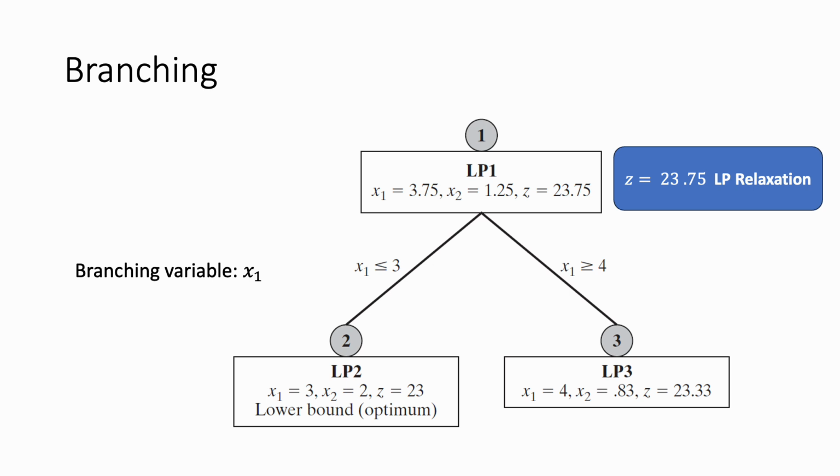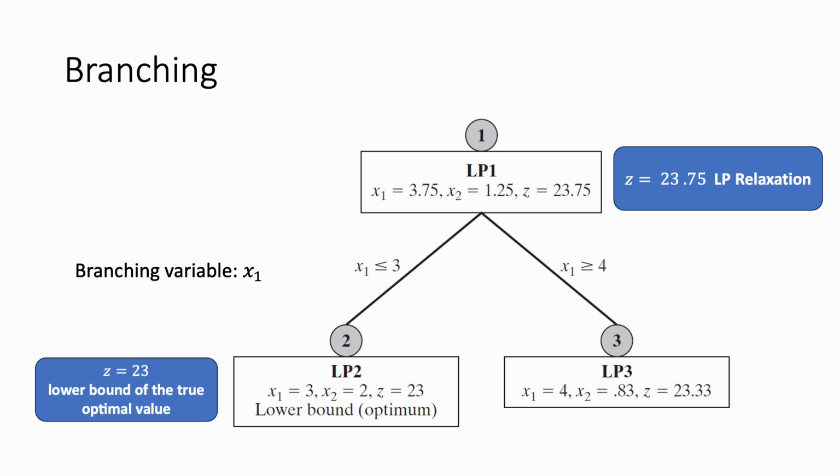Okay, so let's look at this. Originally, when we relaxed the LP, we had 23.75 as the optimum objective function value from the LP relaxation.